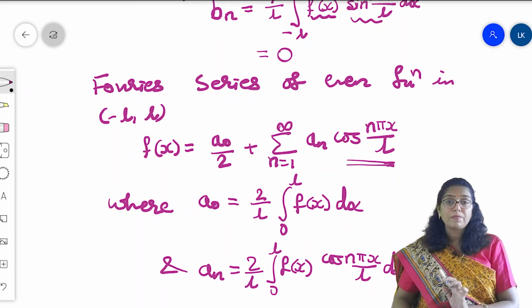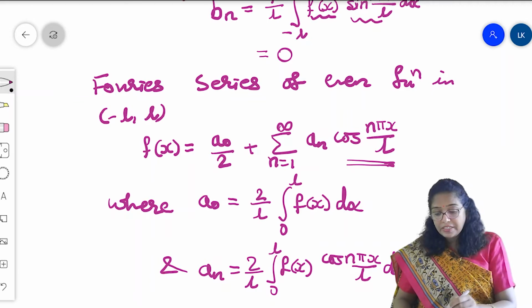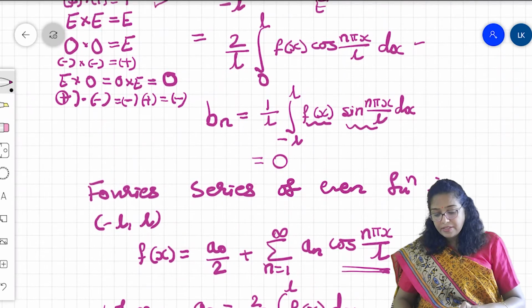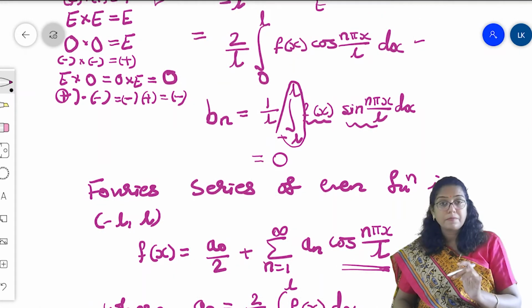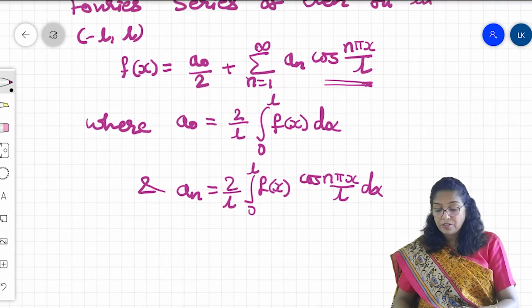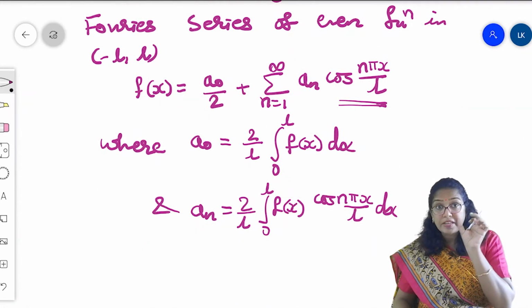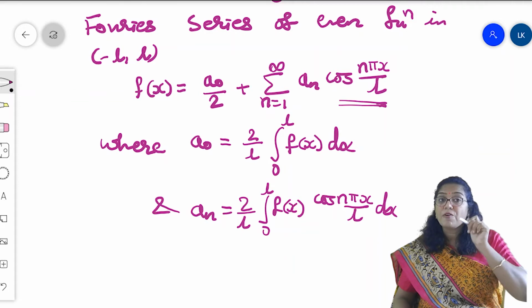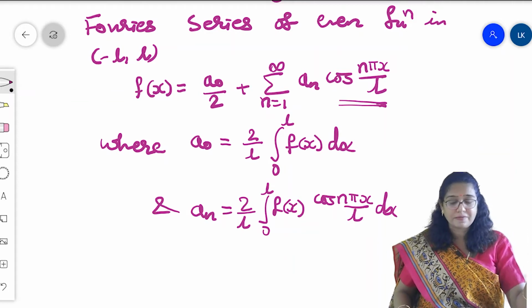Therefore, this formula is also known as the half-range Fourier series. Why? Originally, our interval is minus L to L. But by using the properties of an even function, the range becomes 0 to L, meaning the range becomes half. Therefore, half range Fourier cosine series.